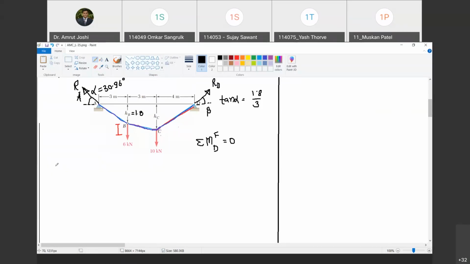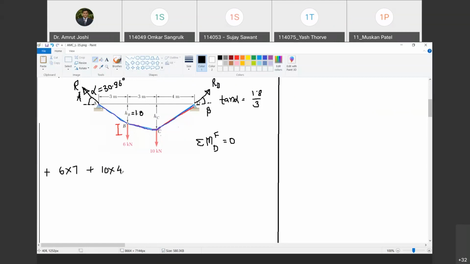So let us apply this equation fast. Can you tell me how this equation goes? What is the moment of this 6 kilonewton? 6 multiplied by 3 plus 4, that is 7, and it is anti-clockwise, therefore positive. Do you agree with me? Yes, sir. This is the first thing. What is the next component? 10 into 10 into 4.